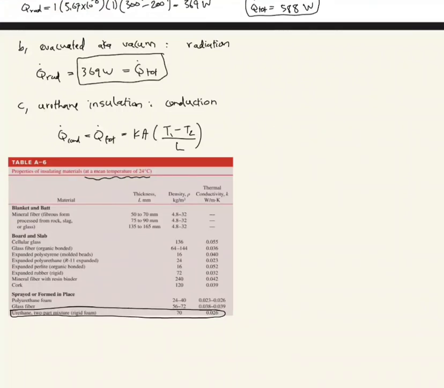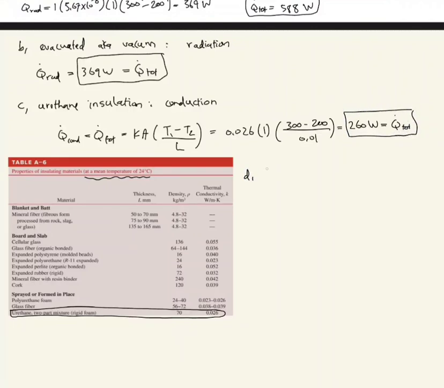So it's fine. We can use that. So 0.026, we said A is 1, 300 minus 200 divided by 0.01. And for this case, we have 260 watt. So that is our Q dot unit of total heat transfer.